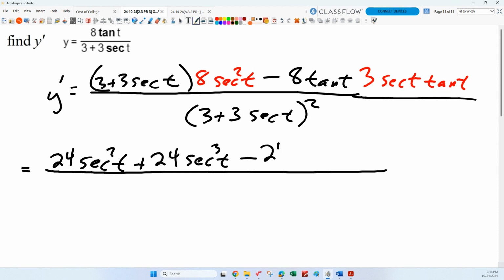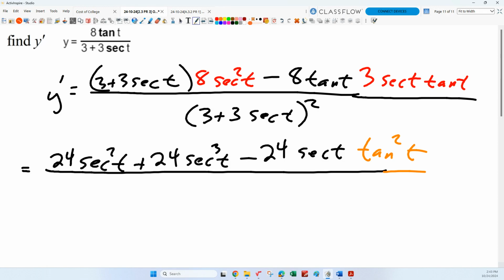Minus... okay, what am I going to be able to do there? You can take 24 secant. No. I don't know what I can take out. You could take out 24. That's a secant. Hint. Yeah, okay, raise hands.